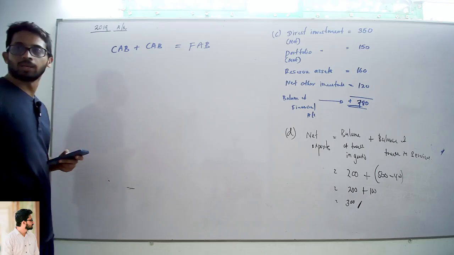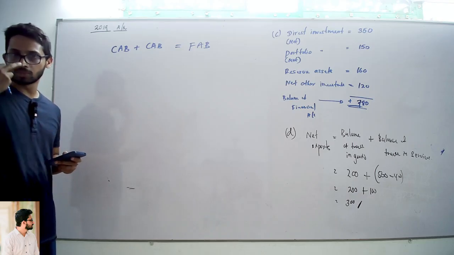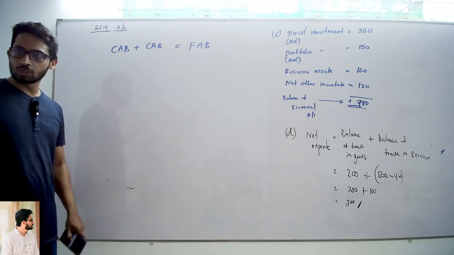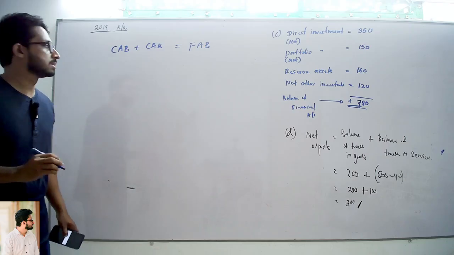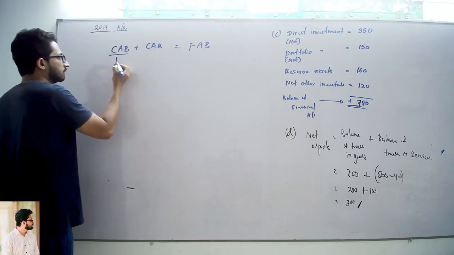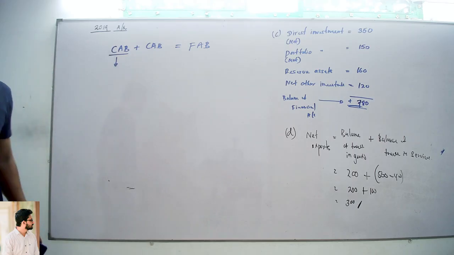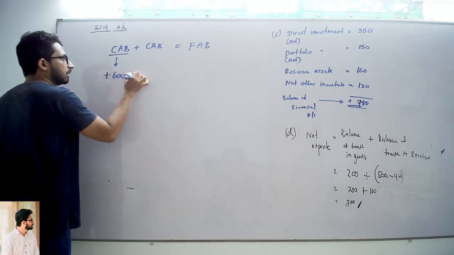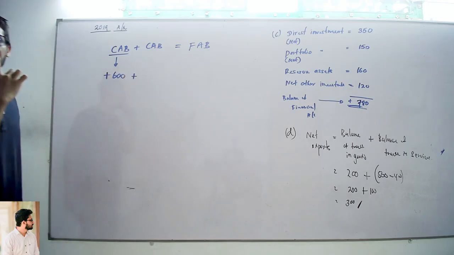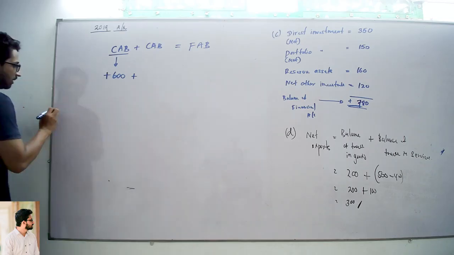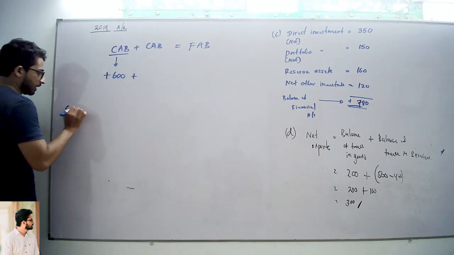Here, in this 2019 A-level paper question, we have calculated the balance of current account. Sigma, how much is the balance of current account here? 600. Okay, plus the balance of capital account, which we haven't calculated separately. You can calculate it, right?